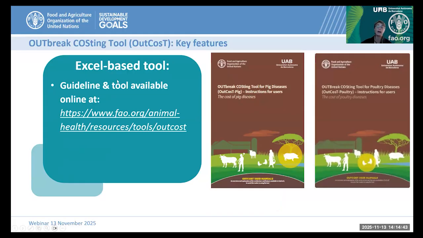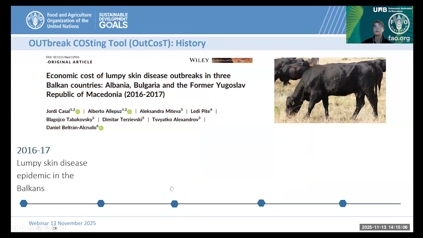All the versions are accompanied by a manual that can guide the user in the data introduction and the interpretation of results. And the versions developed for pig disease and poultry disease are both available at this webpage, at this address that you can find in the presentation.